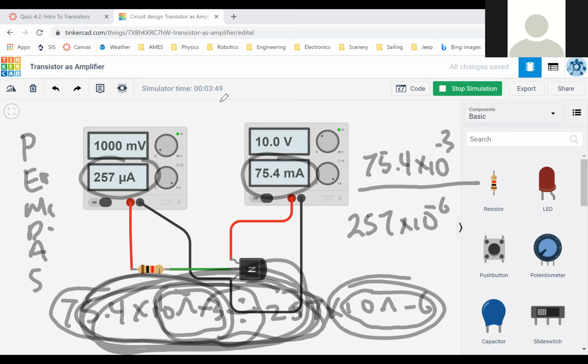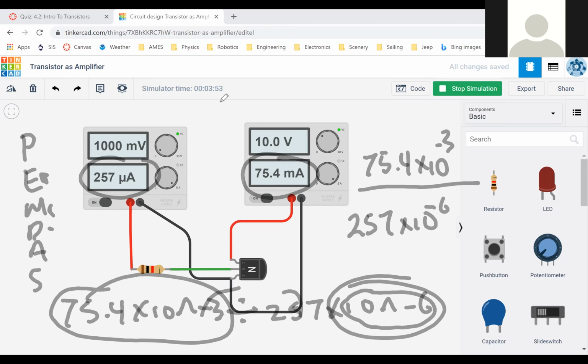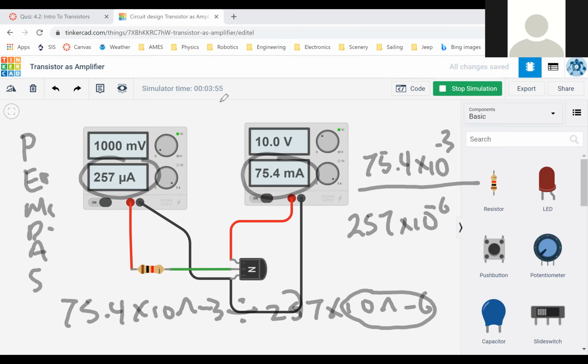So it's very important that you put parentheses in here. If you want to do this right, it's essential. You have got to put a parenthesis here and here, and another parenthesis here and here. Otherwise, you will get the wrong answer.